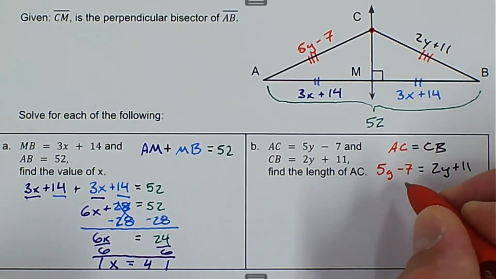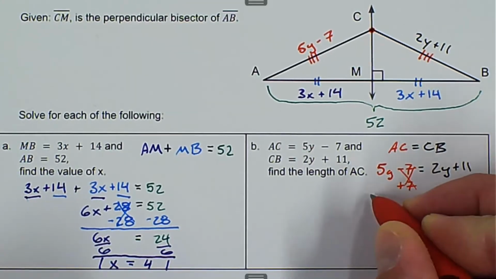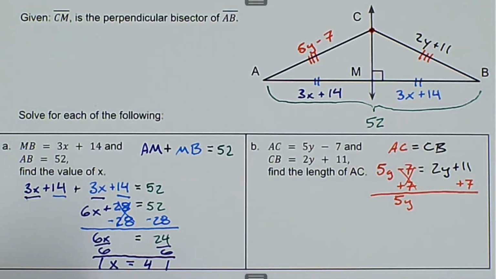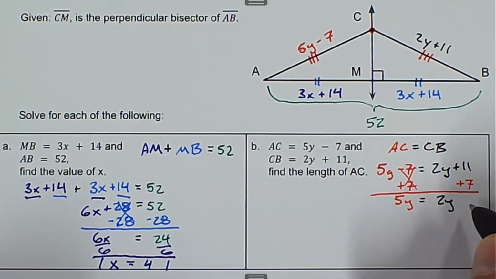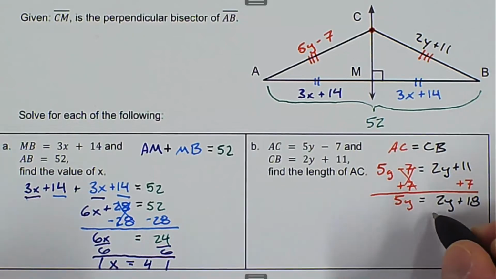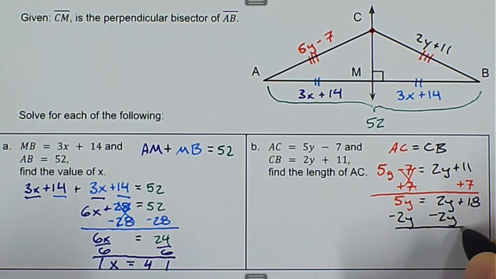We can add 7 to both sides of the equal sign to get rid of that 7. On the left side, we're left with 5y. On the right side, we're left with 2y plus 18. We want to get the y's together, so we subtract 2y from both sides of the equal sign.